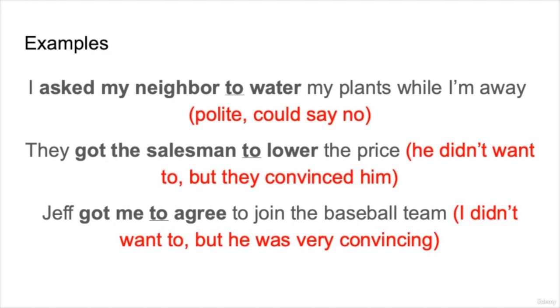Because it's his job to get the highest price, but somehow they were very good talkers, very smooth talkers. Jeff got me to agree to join the baseball team. I didn't really want to, but Jeff was very convincing, and so I joined the baseball team, even though it wasn't my favorite sport.